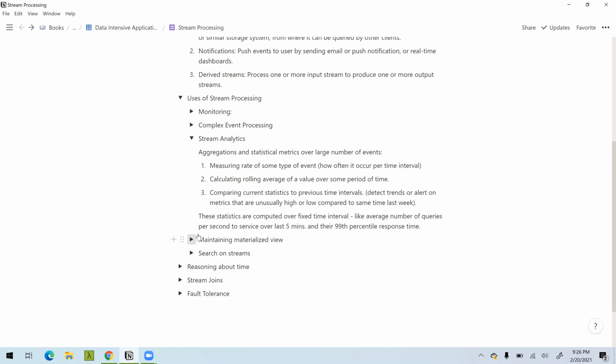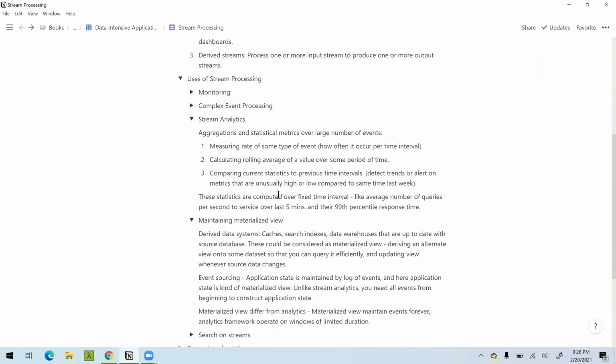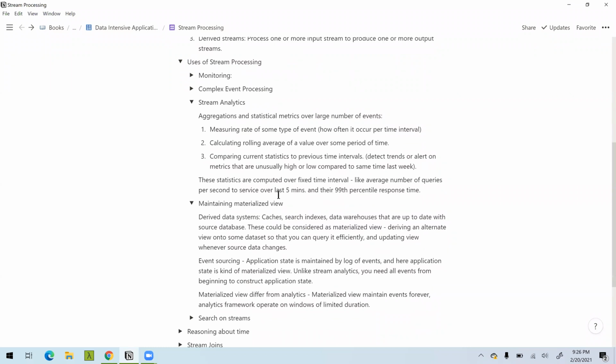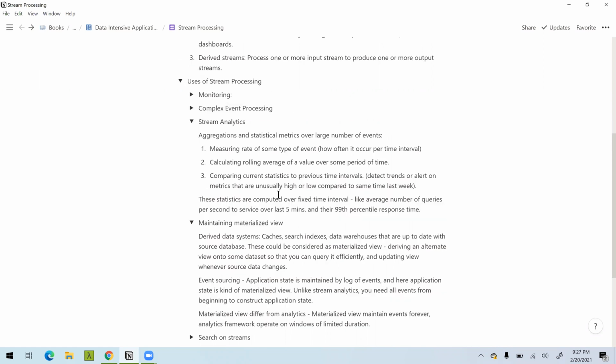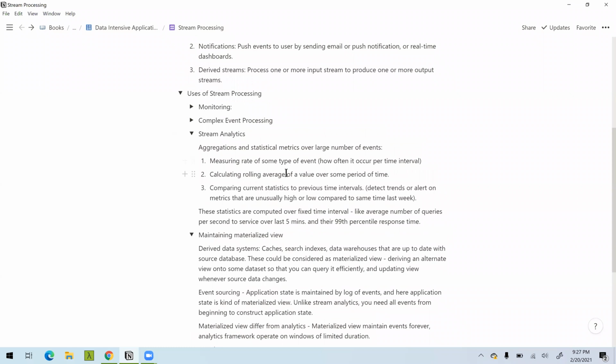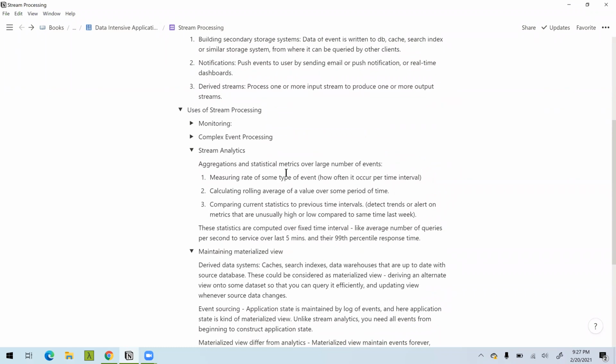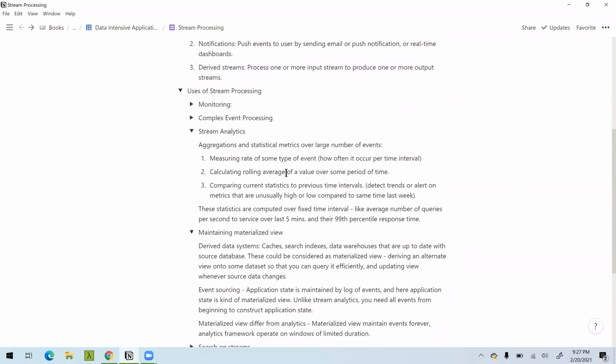So then the next use of stream processing is maintaining materialized views. What this means is, again, similar to what we have discussed in building secondary storage systems, where you have some derived data system, right?